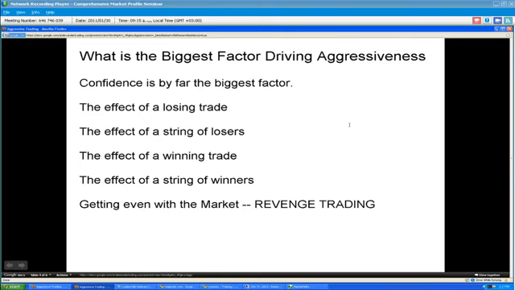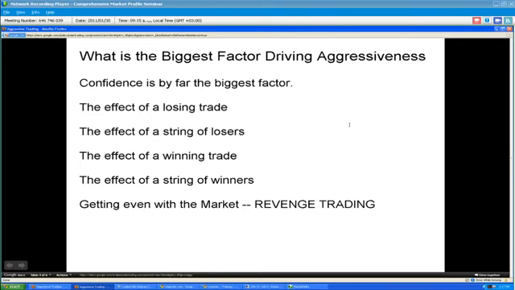How many people in the room do you think took the 4th trade? Probably only the ones that live in California and came in late and missed the earlier losers. They don't do it, and it has to do with the fact that they lose their confidence. And the worst part of it is revenge trading.